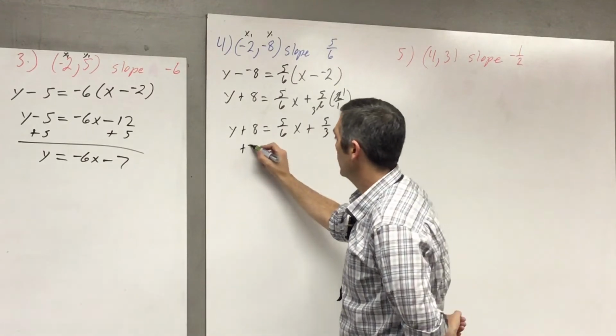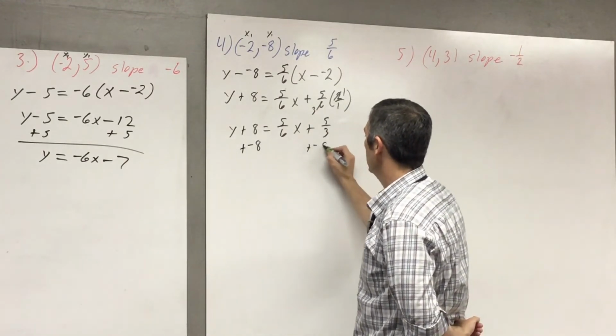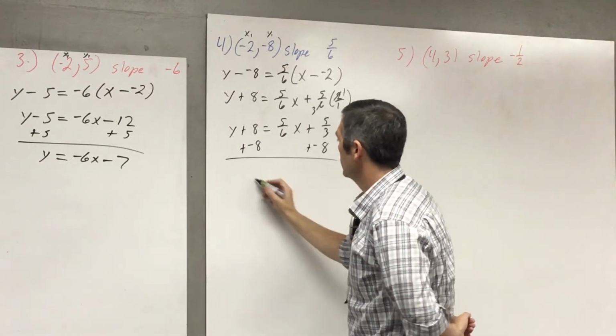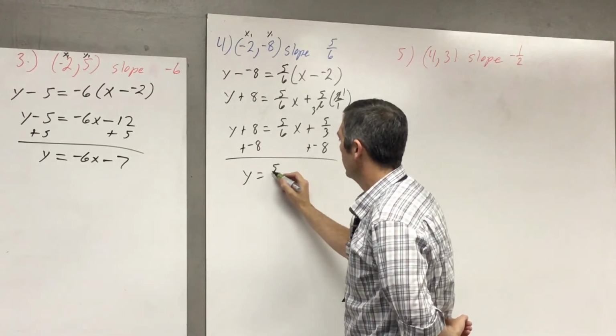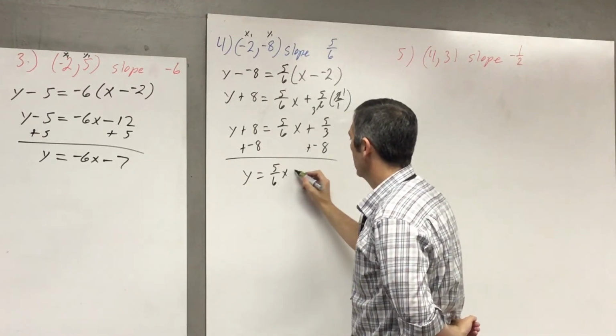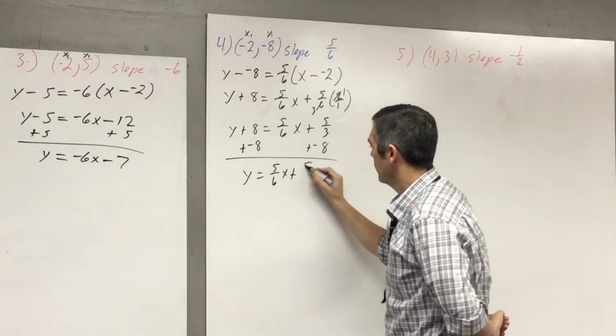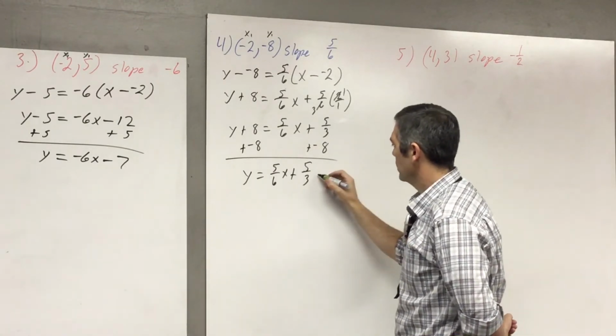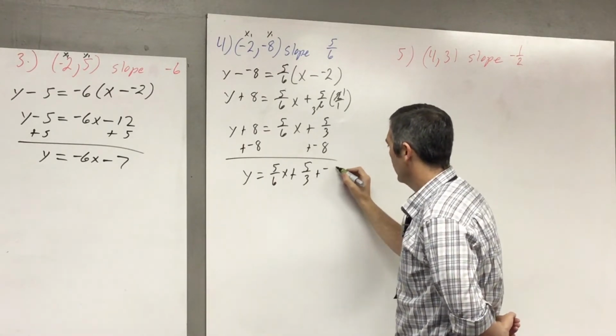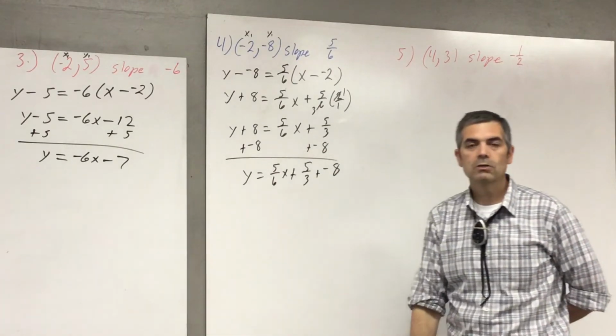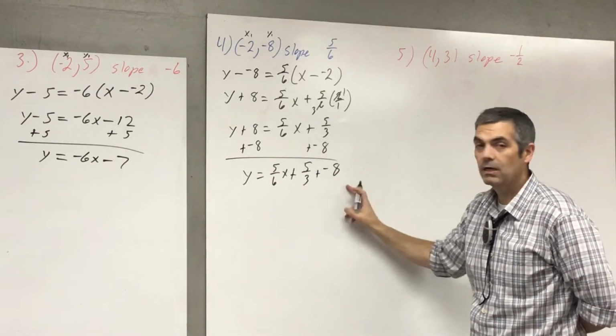So, add the inverse, okay? Gets us y equals 5/6 x plus 5/3 plus negative 8.